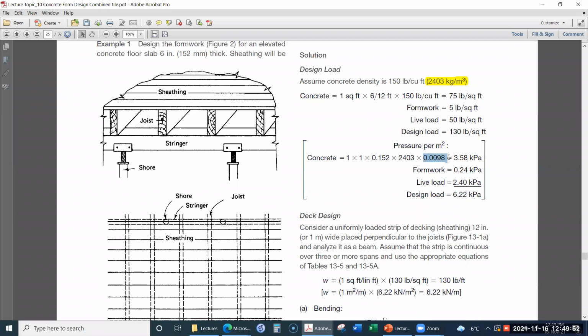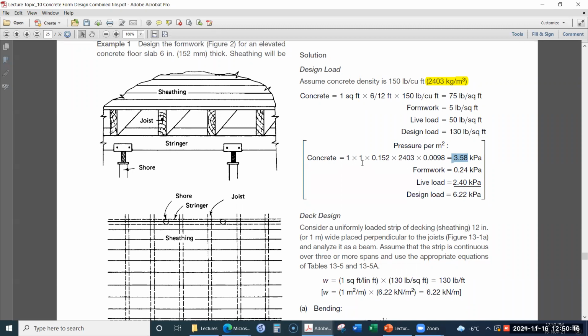So this 0.0098 will be multiplied to convert the units from kilogram to newtons, and that's why we will get the units of kilopascal. In this case, we get a dead load of 3.58 kilopascal.